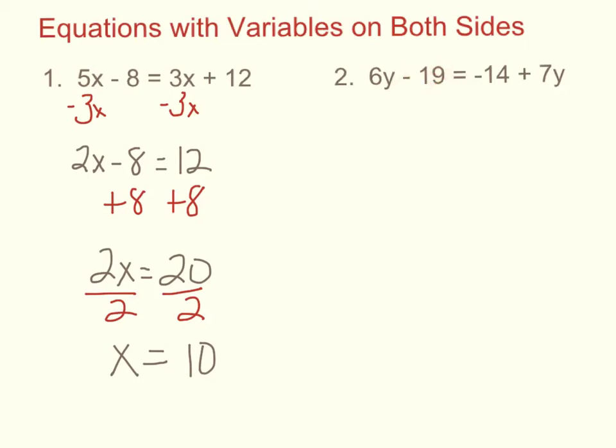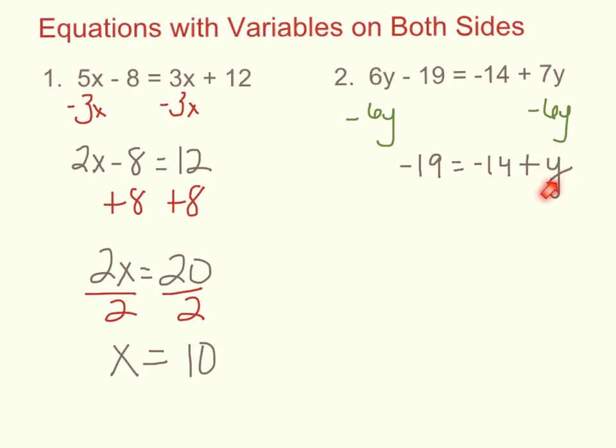I want to get rid of 6y, which means I subtract 6y, subtract 6y. I am now left with negative 19 equals negative 14 plus 1y. I now have to get rid of the negative 14. Now some people were like, oh, why can't you move the 19 over? Well, that doesn't do me any good because I want to get the y by itself. That's our goal.